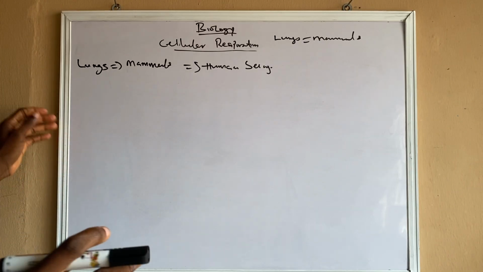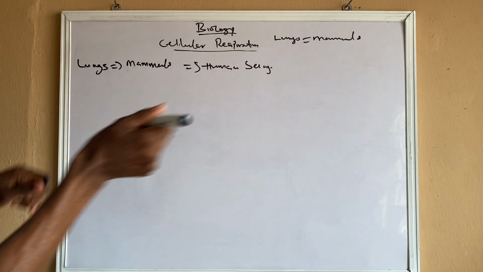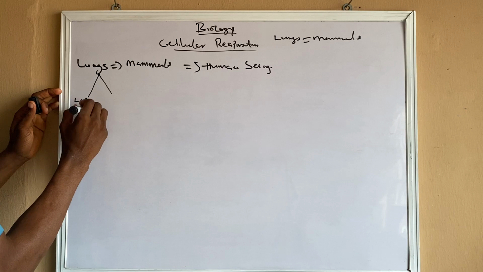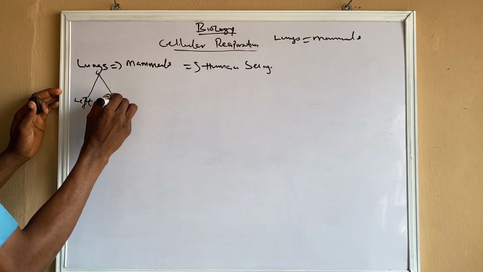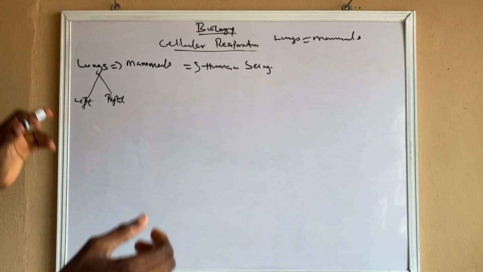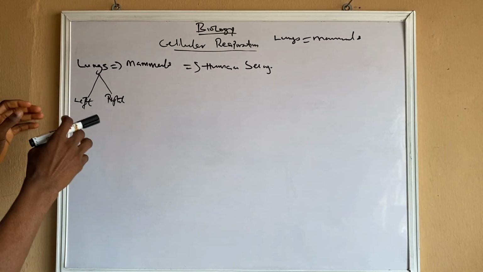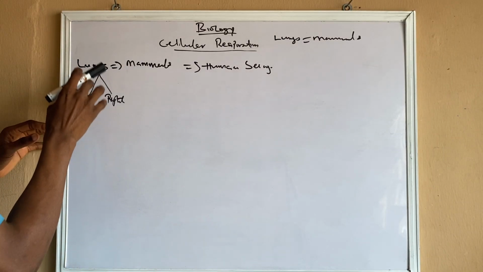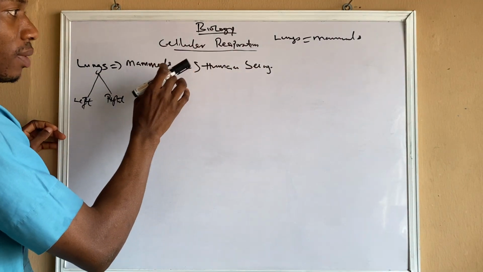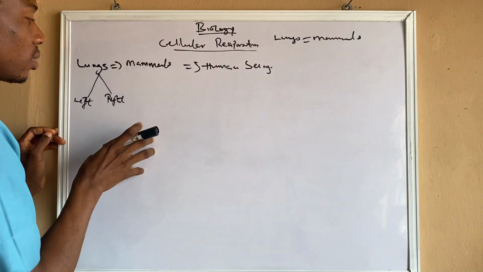The lungs in a human being are divided into 2, the left lung and the right lung. But don't forget that these lungs are the respiratory organs for the mammals, though particularly we are discussing the human.